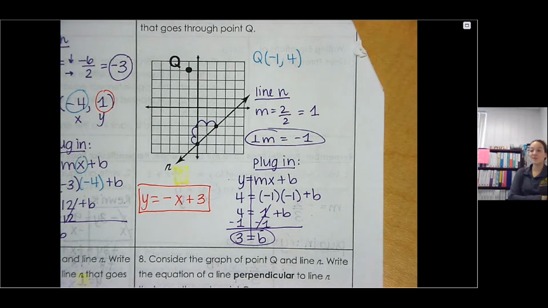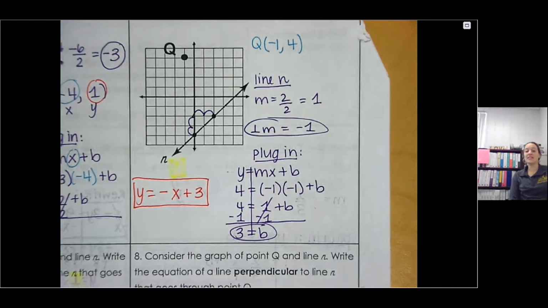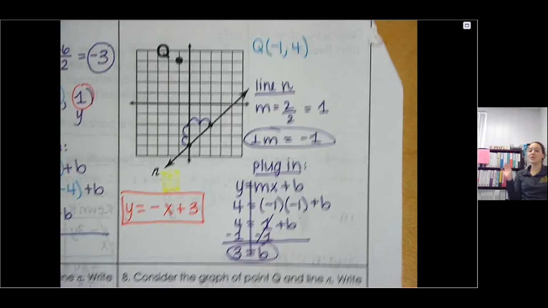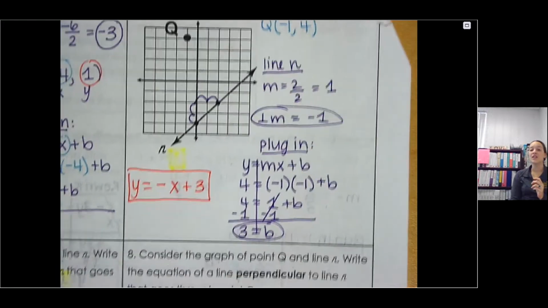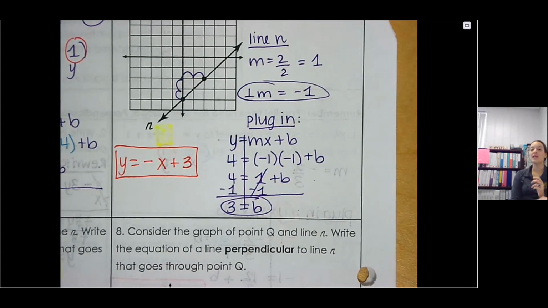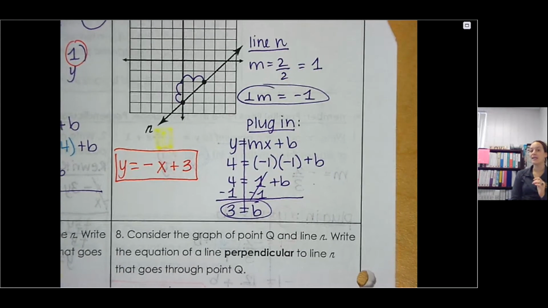All right, check your number 6 with mine. Does it look the same? So here's what's different. This is a perpendicular problem. The slope was 2/2 or 1. The perpendicular slope would be -1.